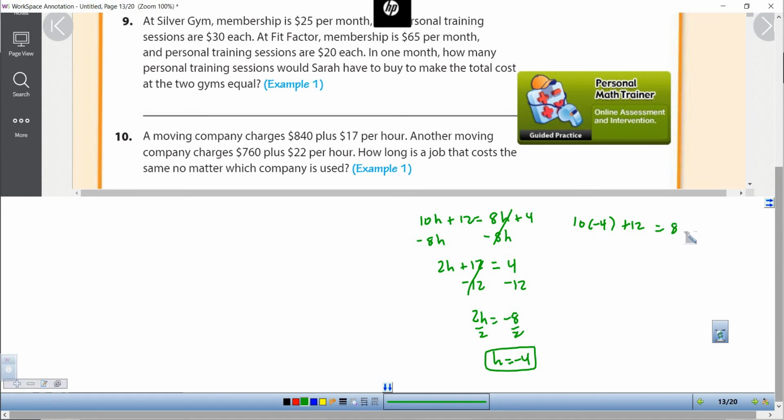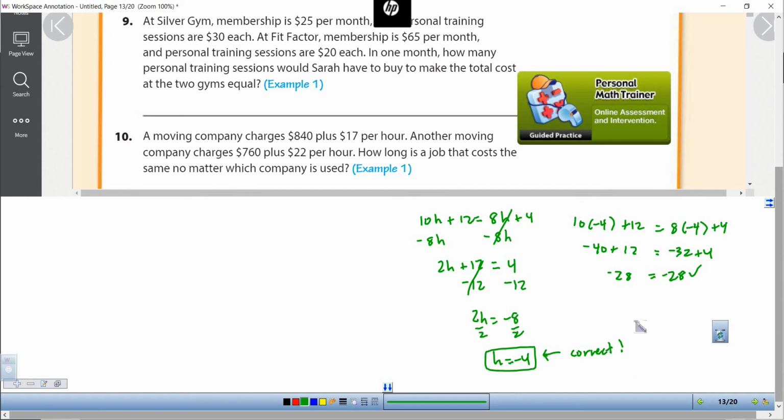Does that equal 8 times negative 4 plus 4? Well, 10 times negative 4 is negative 40, plus 12 gives me negative 28. 8 times negative 4 is negative 32, plus 4 is negative 28. It checks. So what does that mean about my answer? That means it is correct.